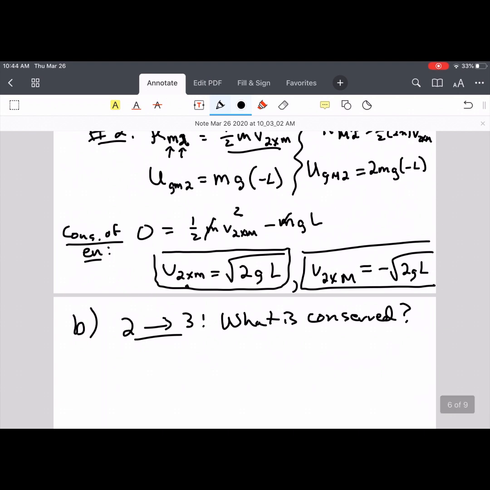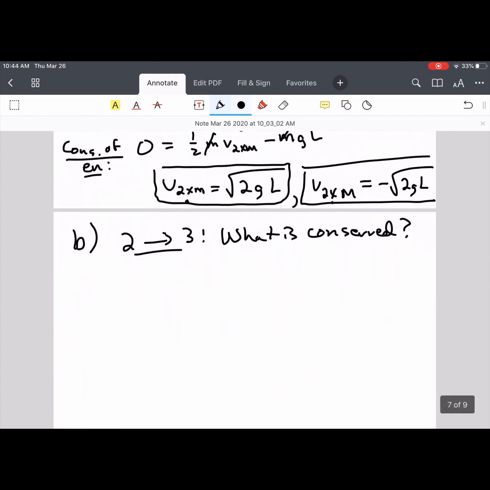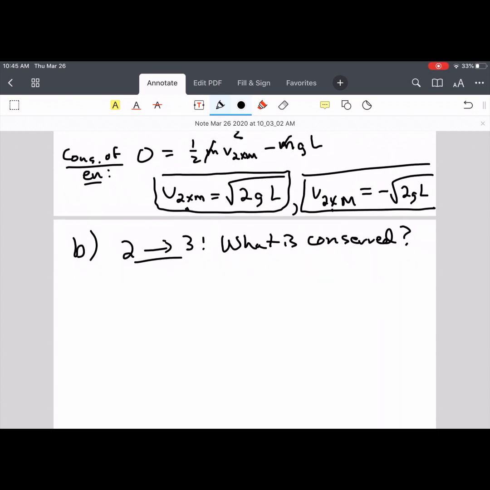So I know my initial velocity of both guys, and now I need to find their final velocities using this formula. So here we go. We know our initial velocities, we know our special rule, which tells us that the relative velocities interchange.